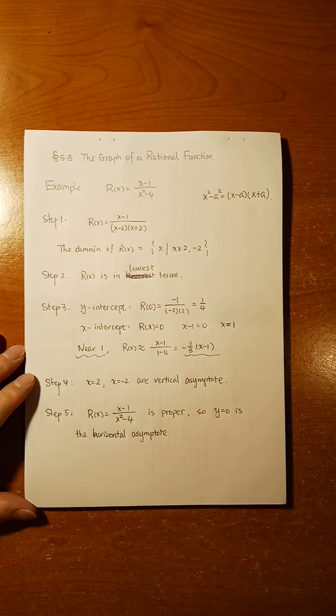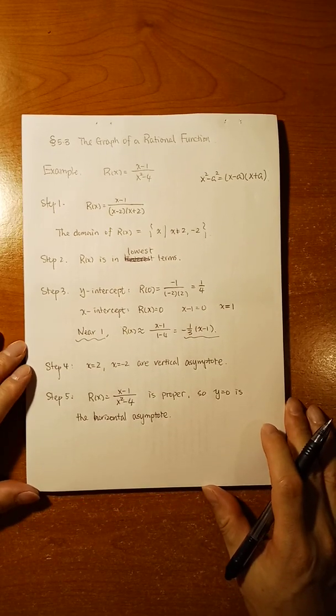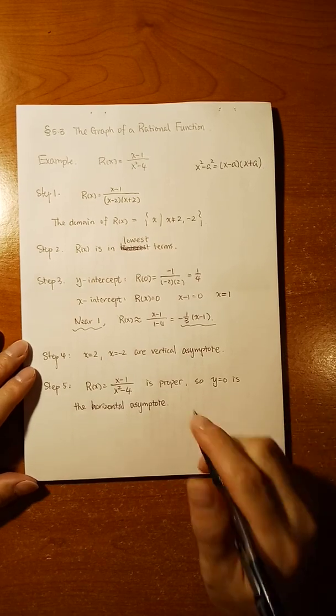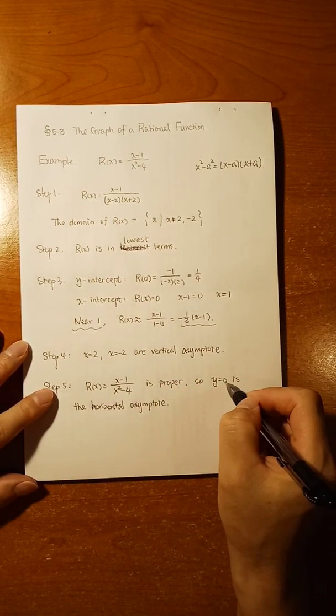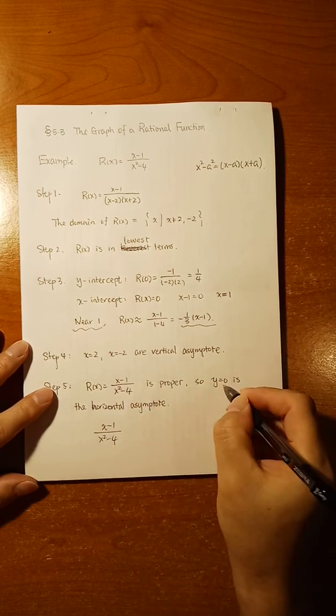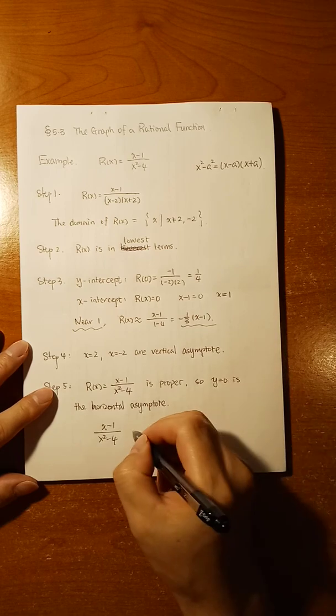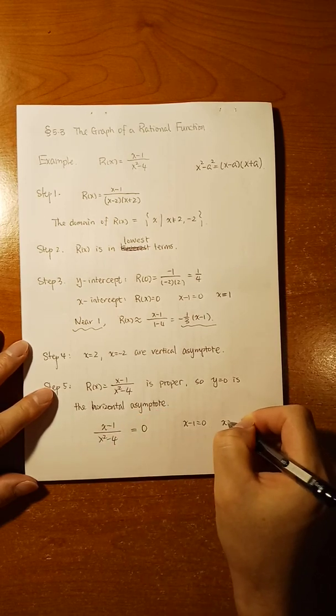A proper rational function has horizontal asymptote y equal to 0. You set this rational function equal to the horizontal asymptote 0. You get x minus 1 equal to 0, so x equal to 1.